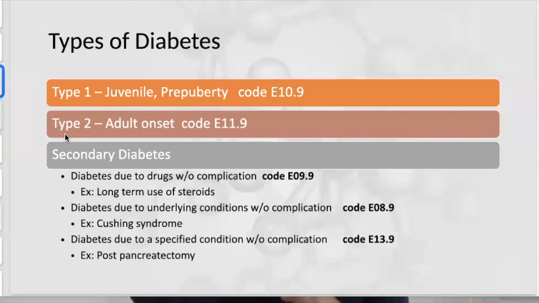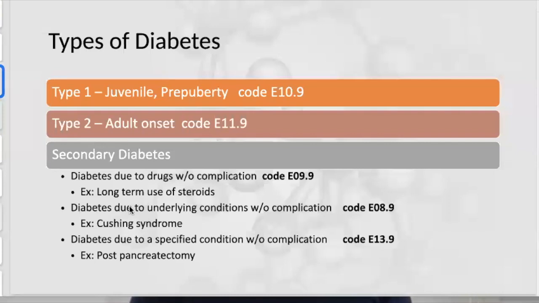Now, the last one that I would like to share with you guys is diabetes due to a specified condition without a complication, and that code is E13.9. An example of that is someone whose pancreas had been surgically removed. This is what we call post-pancreatectomy.